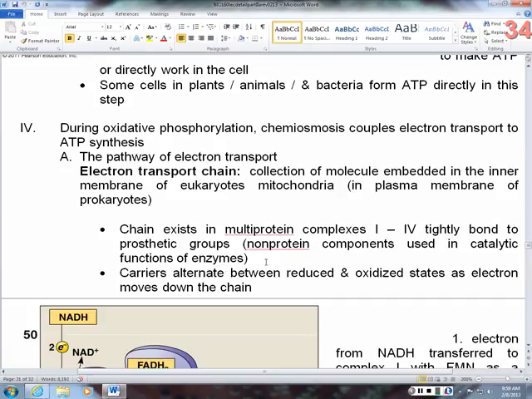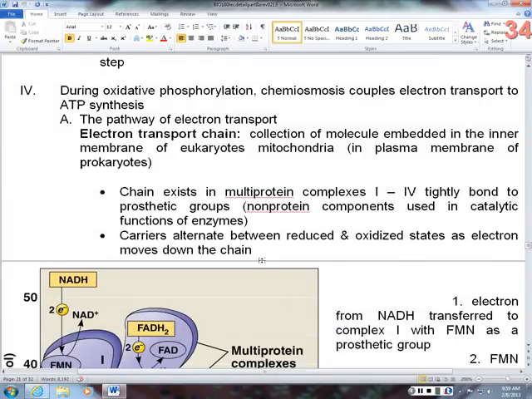So you've got these multi-protein complexes, and they all get names, 1 through 4. And then they're tightly bound to these non-protein prosthetic groups. And these carriers, as they pass the electrons, go in between being oxidized and reduced back and forth as the electrons move down the chain.